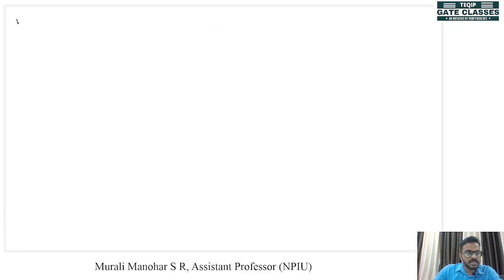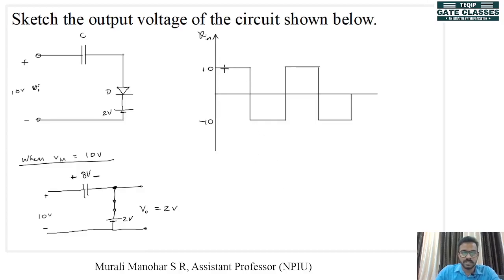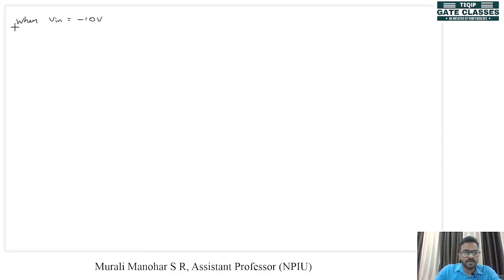Second condition is when V in equal to minus 10 volt, right? There are only two levels, 10 and minus 10. When V in equal to minus 10 volt, we'll draw it again. Here we have our diode.